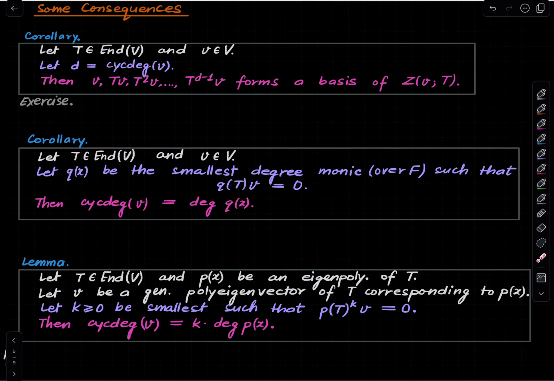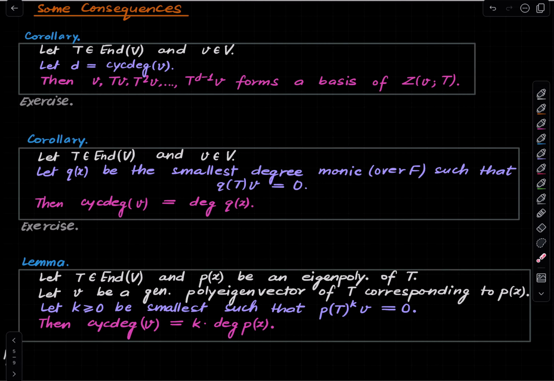So you collect all the polynomials which satisfy this equation and pick one monic polynomial which has the smallest possible degree, and it follows that the cyclic degree of v is the same as the degree of this particular polynomial. And this will also be an exercise. At this point, we have enough maturity to argue such things. So I'll leave this as an exercise. But this is not so straightforward as the previous one. Albeit, this is also very easy.